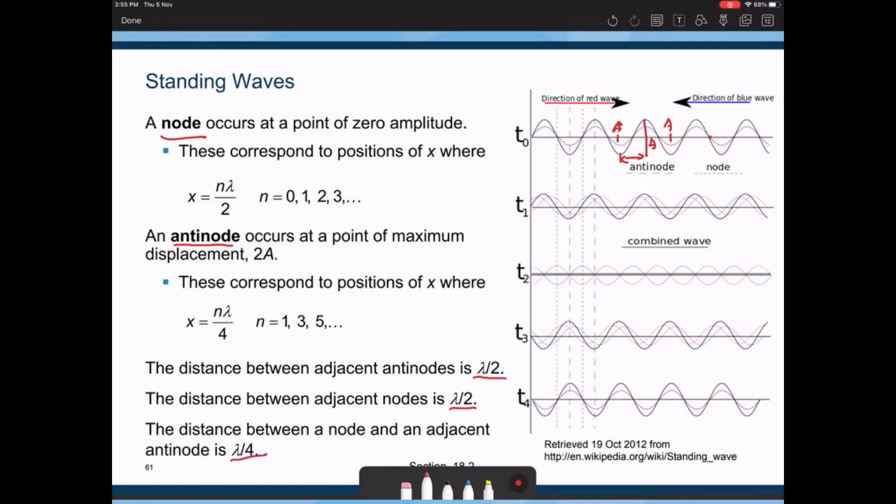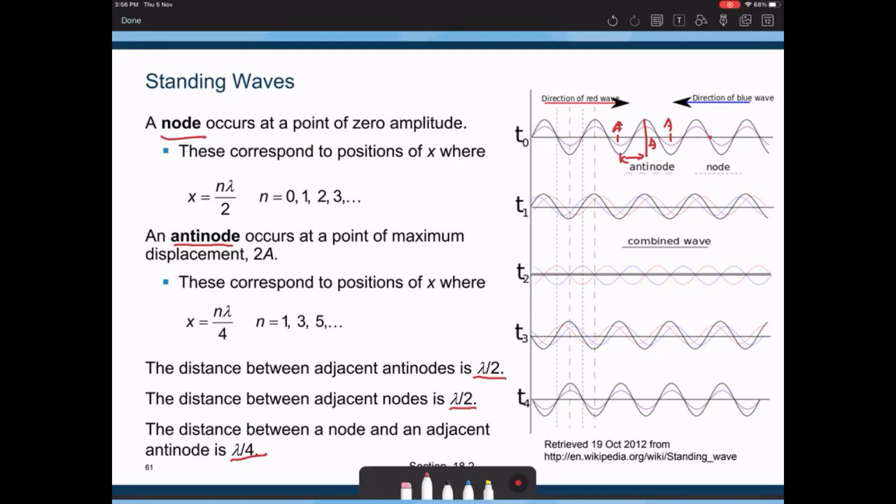Now, in order to have a standing wave, there are certain occasions in which you have a node, and certain occasions you will have the antinode. This would put some restrictions on what wavelength could produce a standing wave in a system.